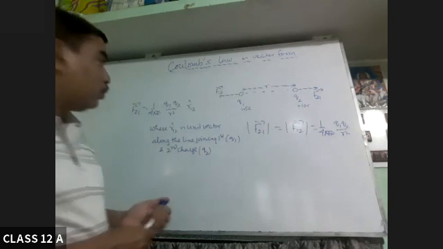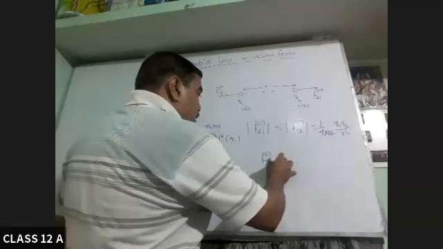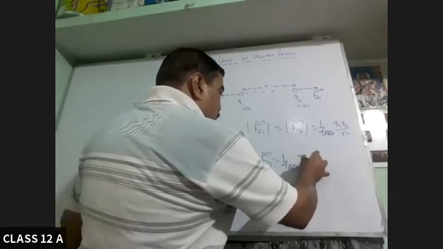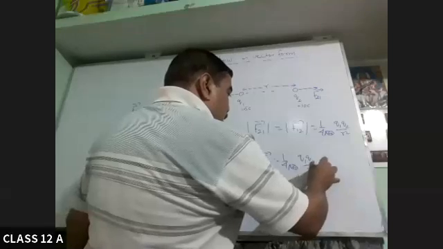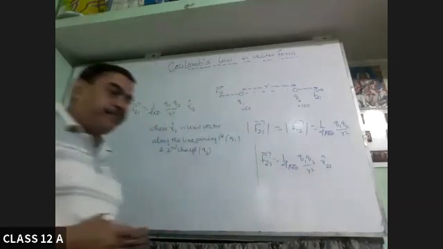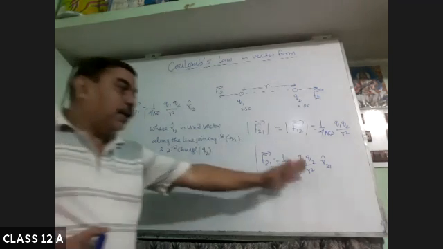In some books you may find F21 is 1 by 4 pi epsilon naught Q1 Q2 over R square and R21 like this. Then what is the concept?